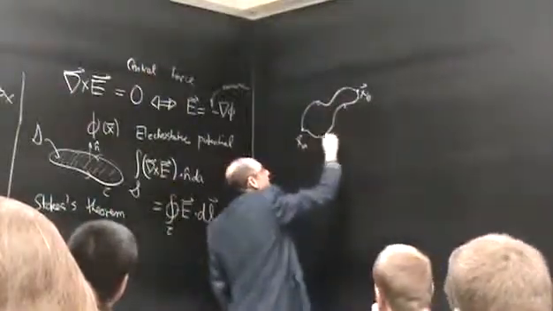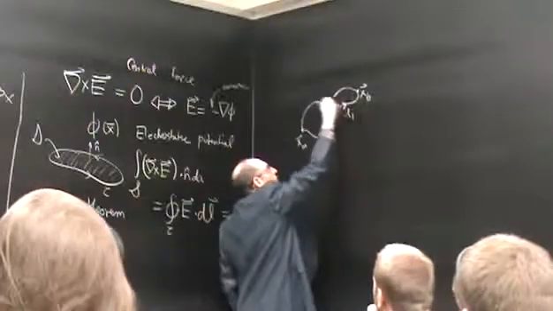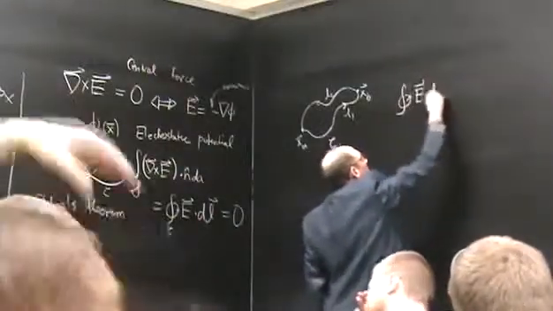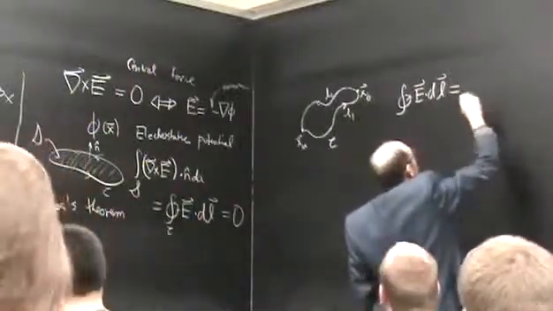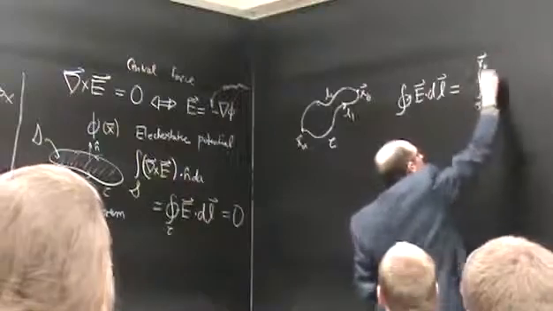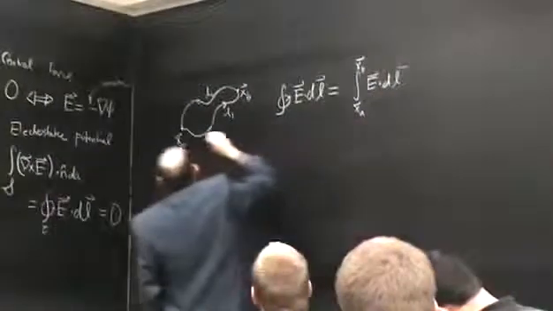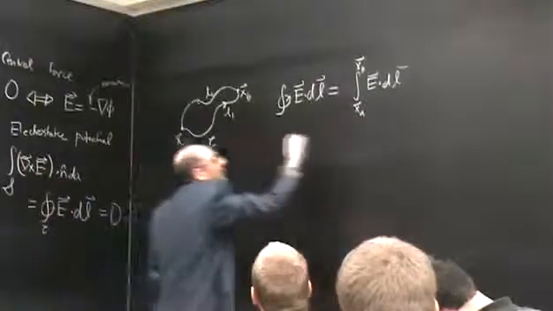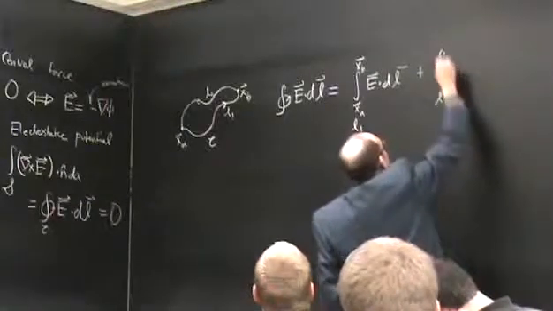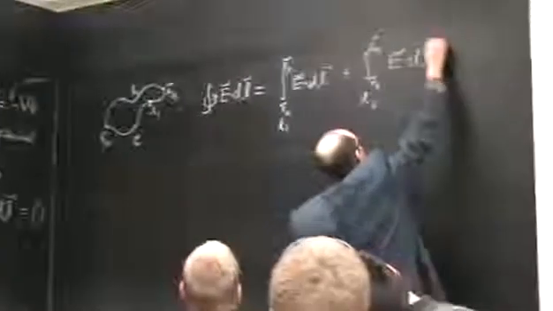Because if I call this my closed curve, and the curve from this point to this point is L1, and from this point to this point is L2, then the circulation integral E dot dl around that curve is equal to the integral from A to B of E dot dl, I'll just write that one, L1 plus L2 from B to A, E dot dl is 0.